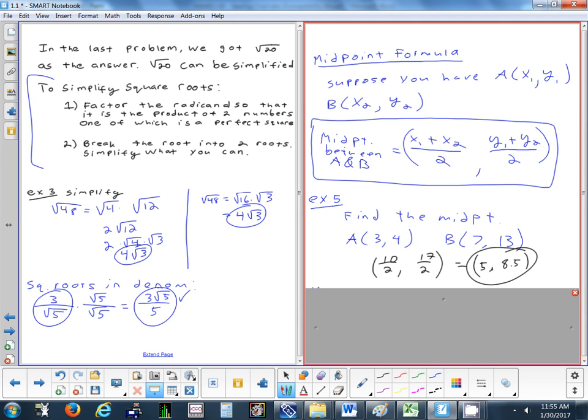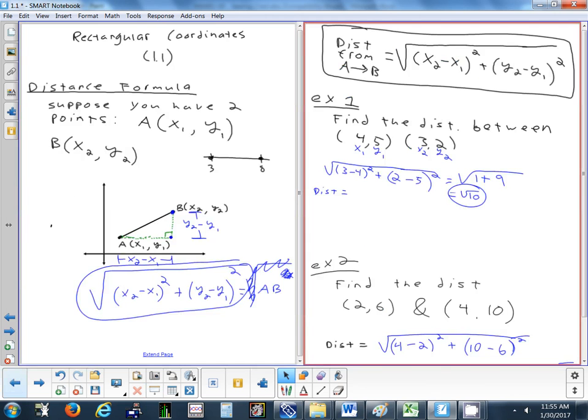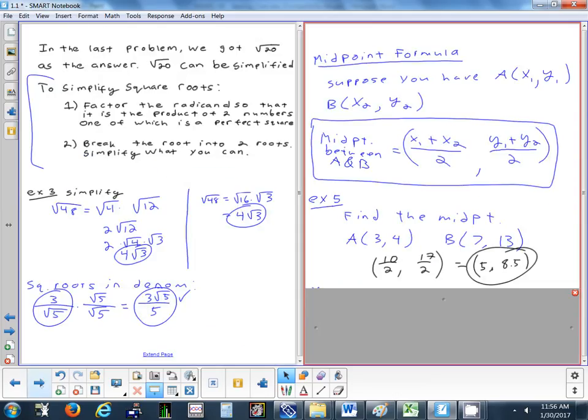What's the difference between the kind of answer that I got in example 1 and the kind of answer I got in, I think technically that was example 4? What's the difference between those answers?